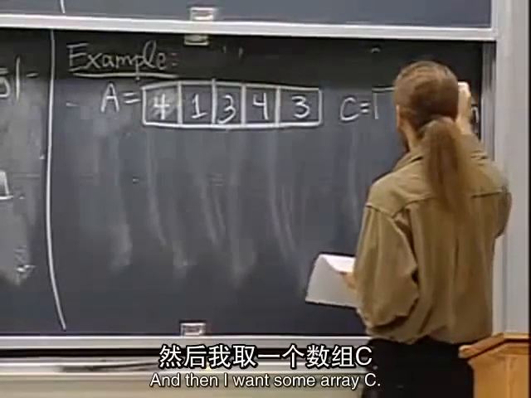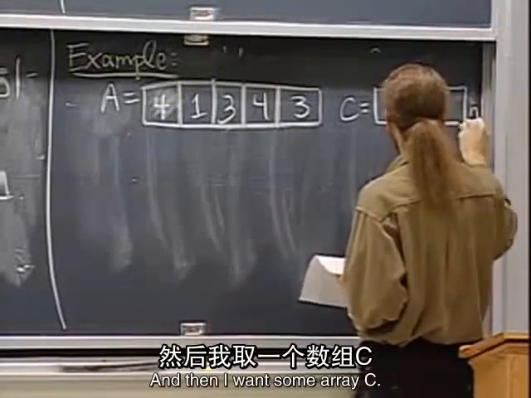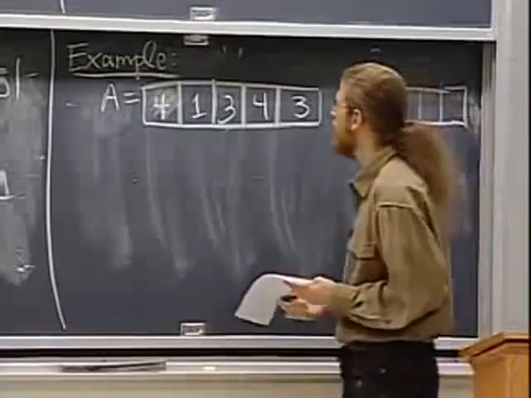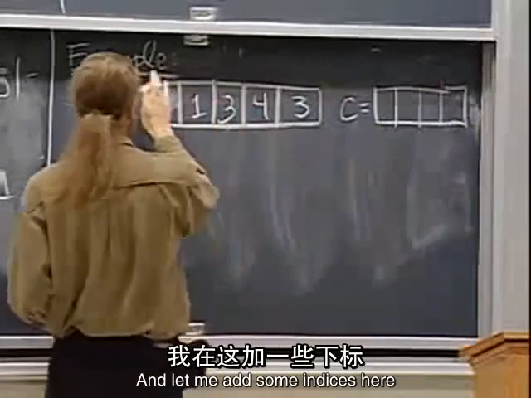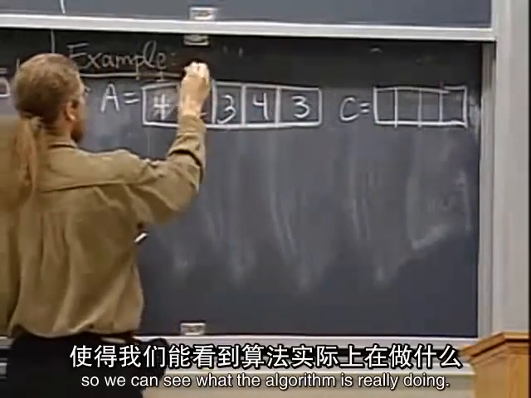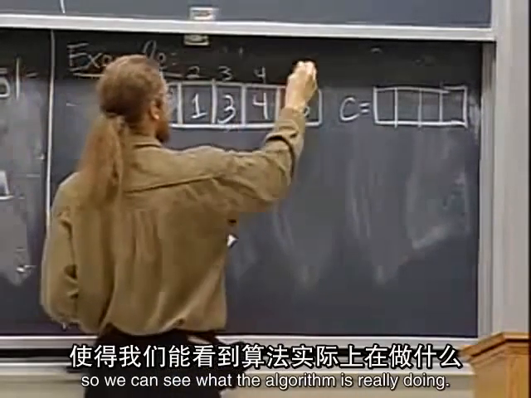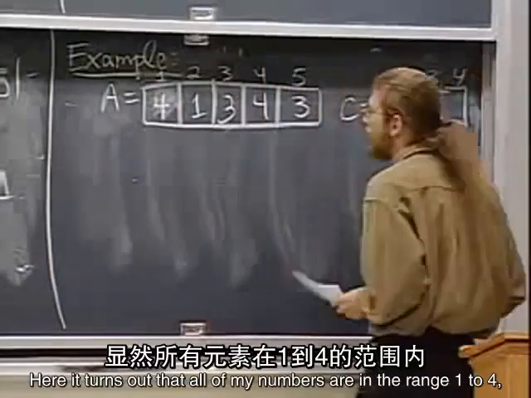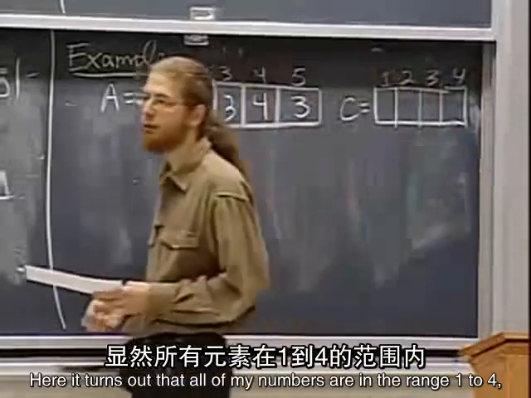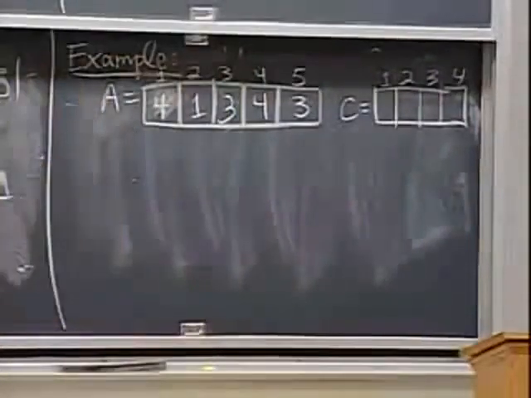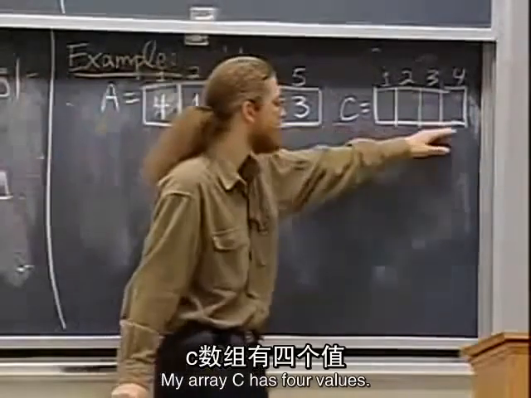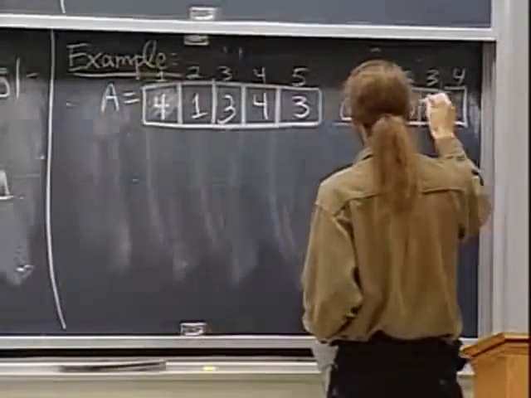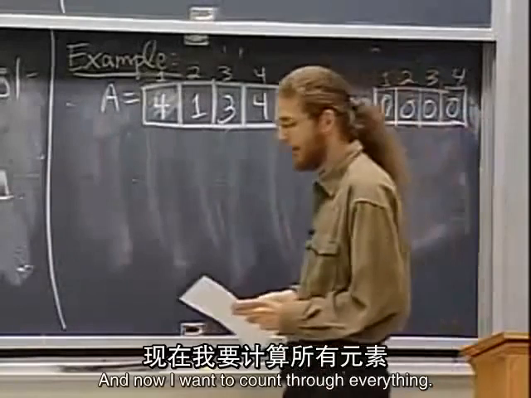And then I want some array C. Let me add some indices here so we can see what the algorithm is really doing. So here it turns out that all my numbers are in the range 1 to 4. So k is 4. So my array C has 4 values. Initially, I set them all to 0. So that's easy. And now I want to count through everything.